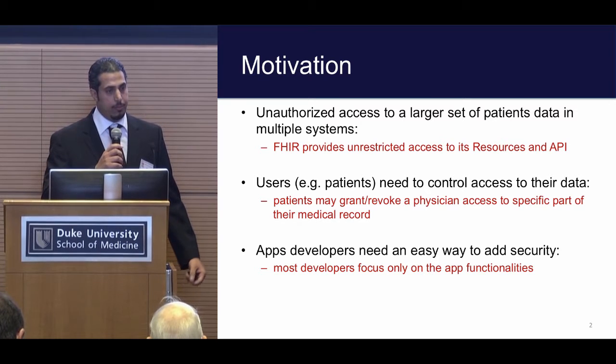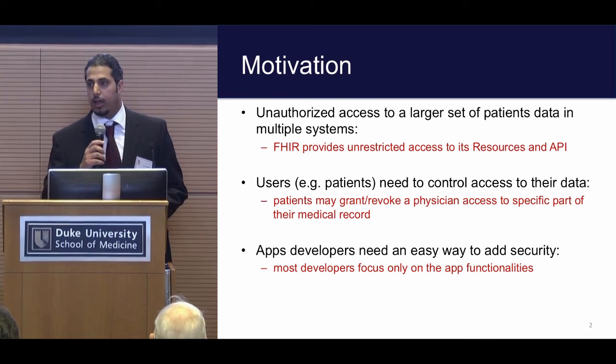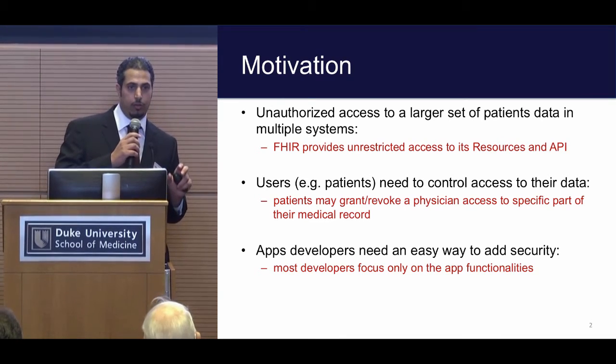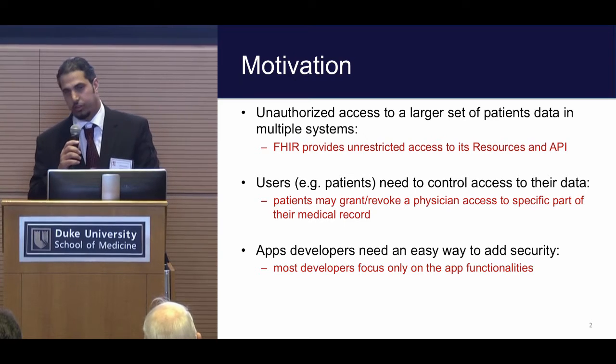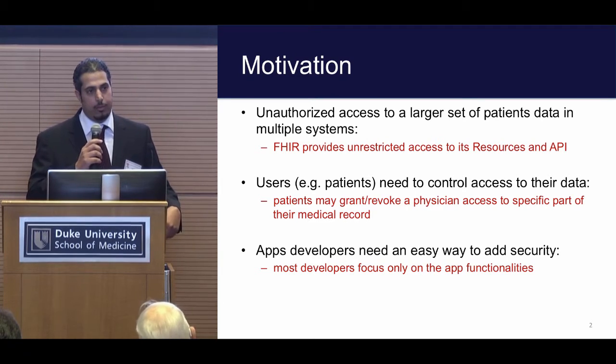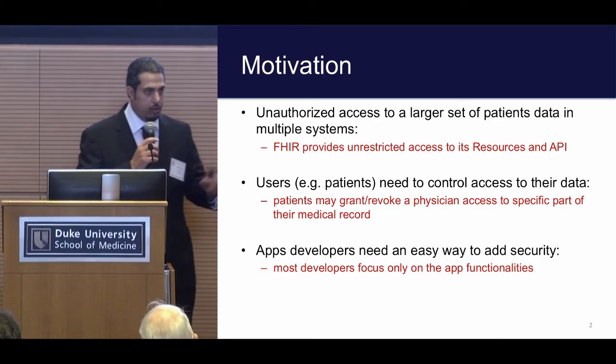If we have an attack on one system, for example, an attacker can get access to that part of the information in that system, system one, let's say. But when FHIR comes in, it provides a way to connect different systems.